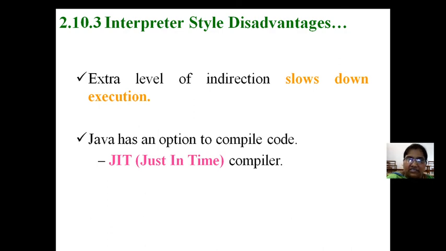Next, event based, with constraints: whenever the constraints occur, then only something will happen. Next is the layered architecture, where the total functionality is divided into separate functionalities. Next is the repository: the central repository helps components access and communicate with each other. And finally there is the interpreter. Okay, so these are the architecture styles in software architecture.